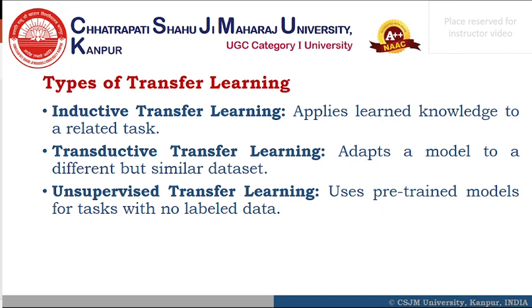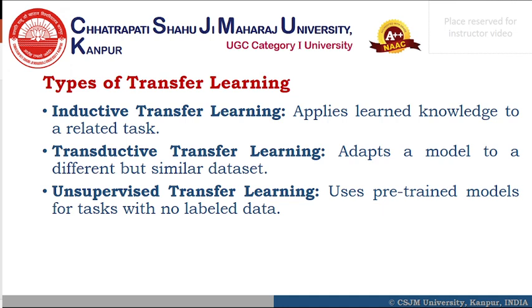For example, a model trained on general image classification, that is recognizing cats and dogs, can be fine-tuned for a specific task like detecting skin diseases from medical images. In this case, the task changes, but the fundamental learning patterns like edges, shapes, and textures remain useful.